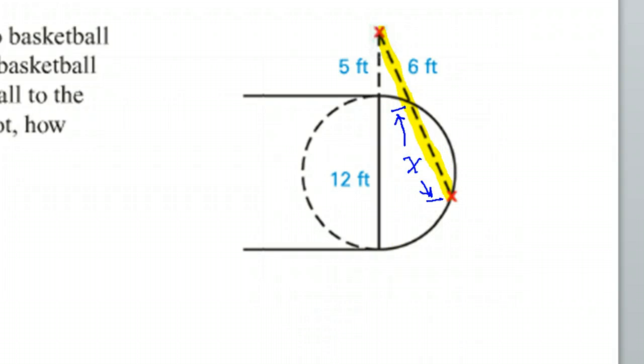So let's set up our little formulas. Part times whole equals part times whole. That's the situation in which we find ourselves. So part times whole: it's the outer part, and then the whole will be x plus 6. So part times whole is equal to part times whole over here.